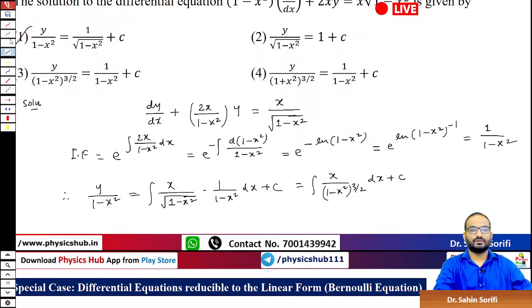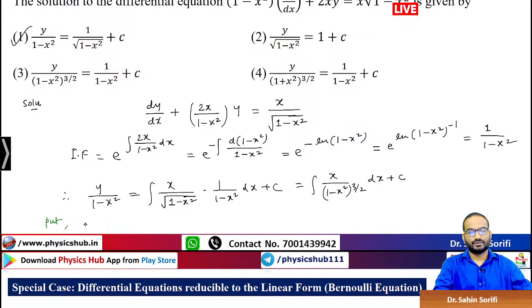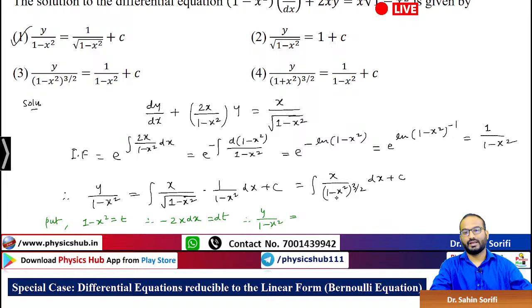Now to solve this, what you can do is put 1 minus x square equals t, so minus 2x dx is equals to dt, and hence y by 1 minus x square, x dx is equals to minus half dt, minus half integration dt by t to the power 3 by 2 plus c. t to the power minus 3 by 2 plus 1, minus half, and this 2 will also get absorbed, and the minus sign as well.